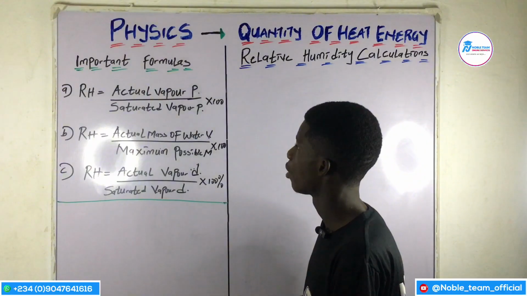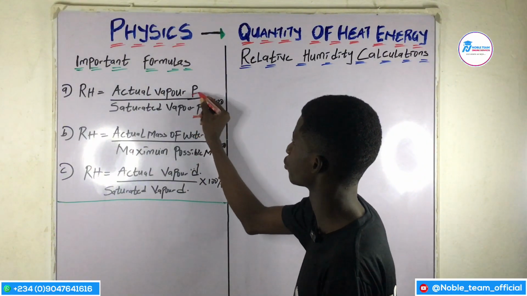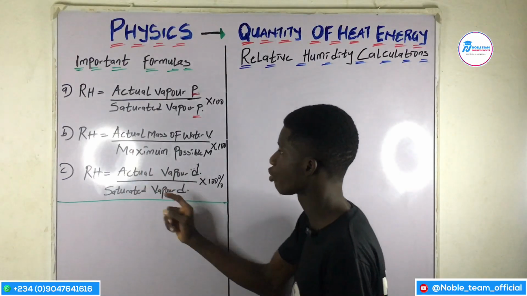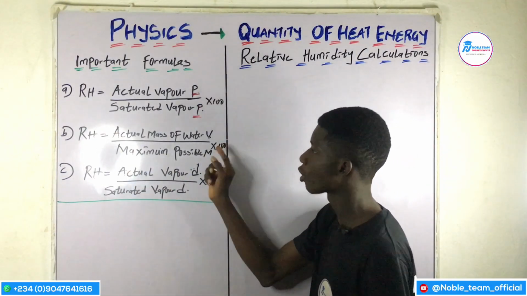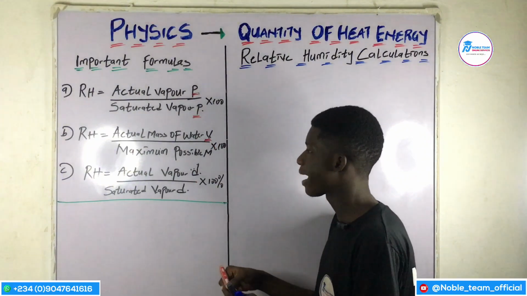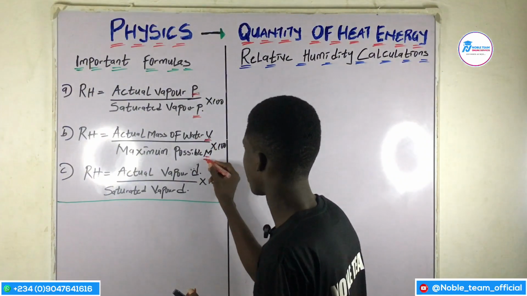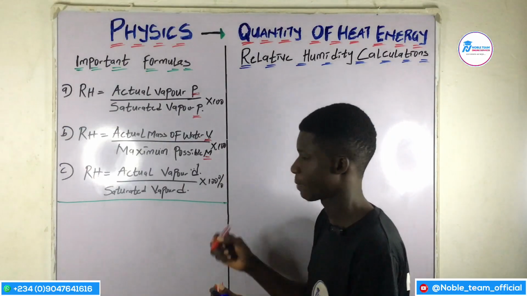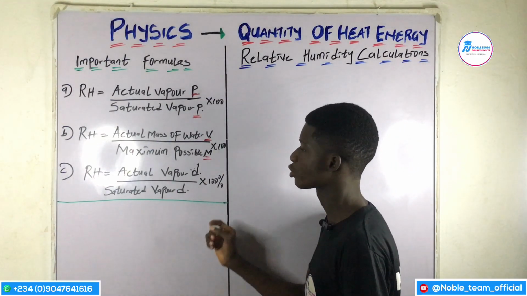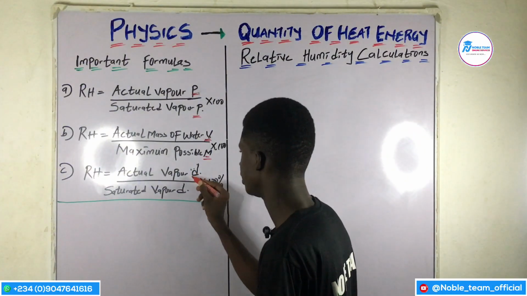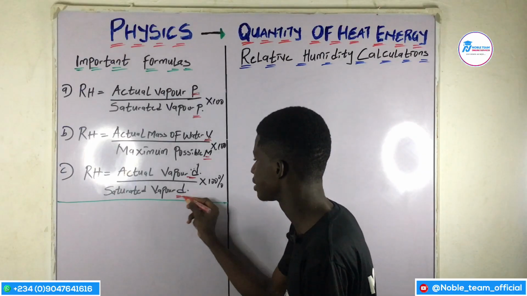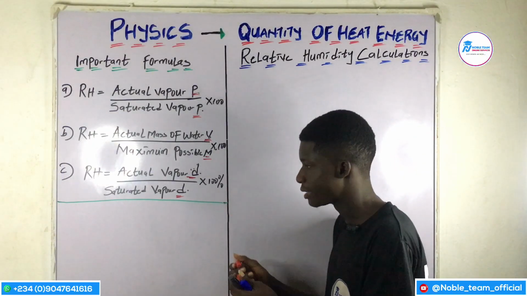The second formula: RH is equal to the actual mass of water vapor divided by the maximum possible mass, times 100%. The third formula: RH is equal to the actual vapor density divided by the saturated vapor density, times 100%.